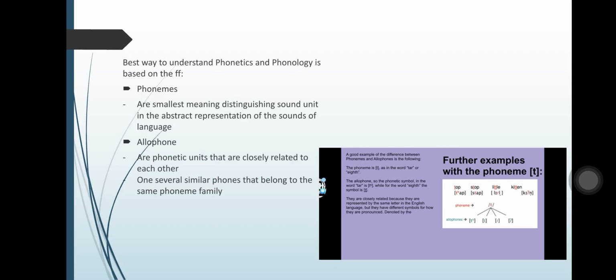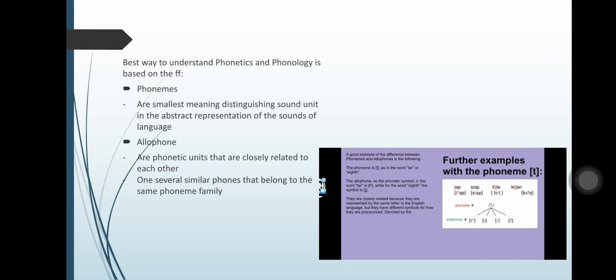The second word is stop, where we have the allophone T, T itself. And the third word is lil, where our allophone is the sound R.